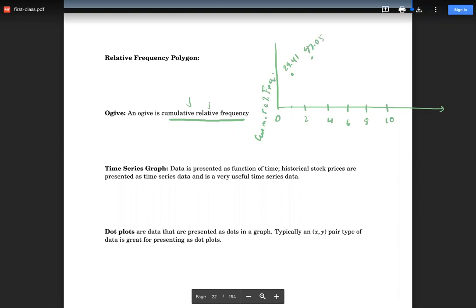The next one is going to be plus, in the third class here, we had 11.76. That's going to give you 58.81. So it's going to be right around here, 58.81%.